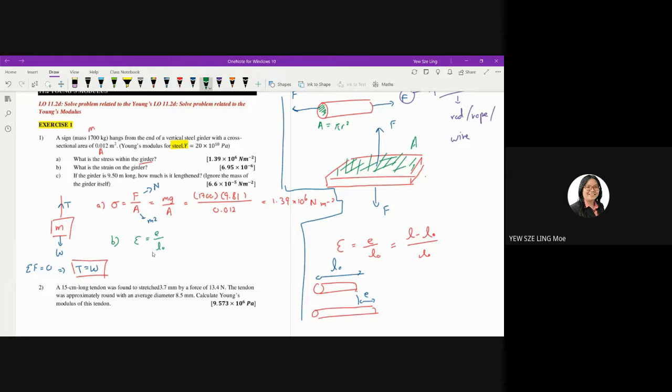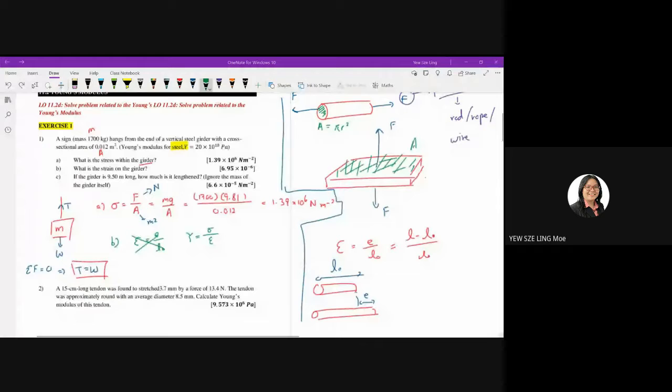Another equation we can use to find the strain is Young modulus. So this is the wrong equation, and we are going to try another one, which is Y equals sigma over epsilon. Now can we use this equation to solve it?